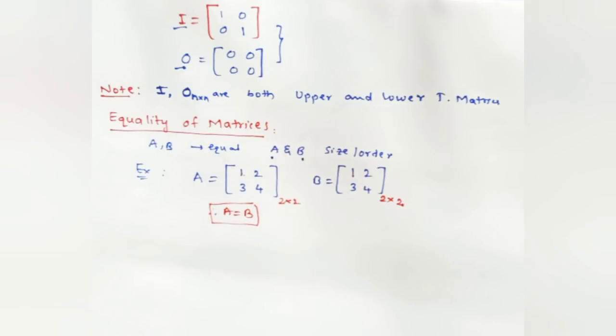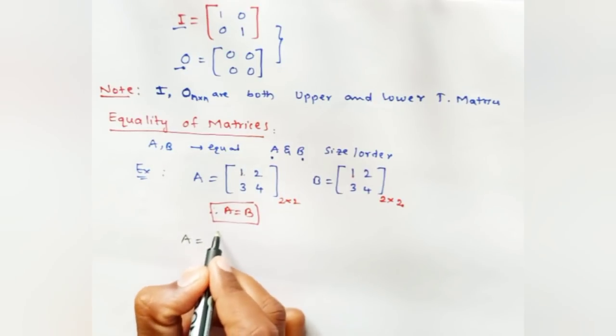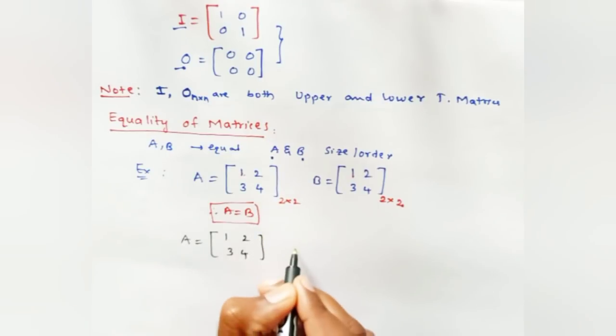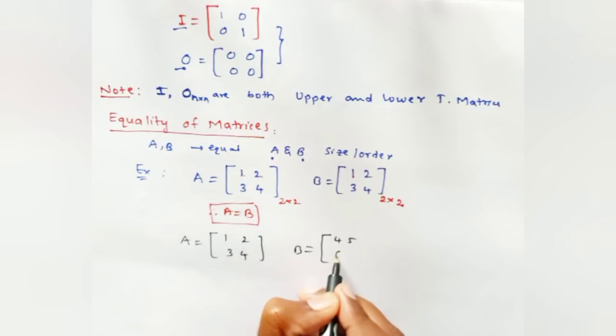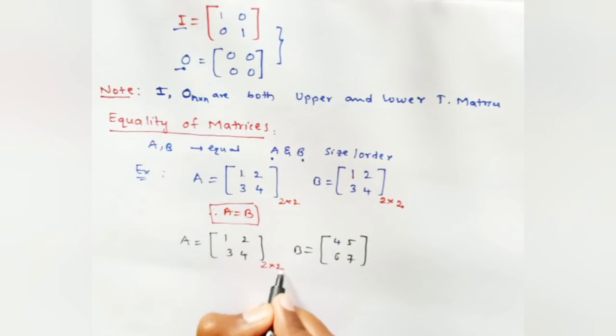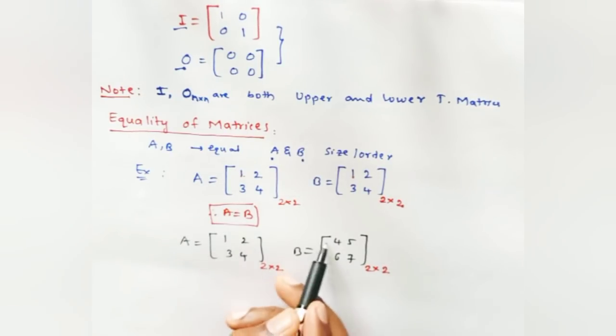And consider one more example. Here A is equal to 1, 2, 3, 4 and B is equal to 4, 5, 6 and 7. So the order of these two matrices is same. A is a matrix of order 2 and B is also a matrix of order 2. Now let us check the corresponding elements.